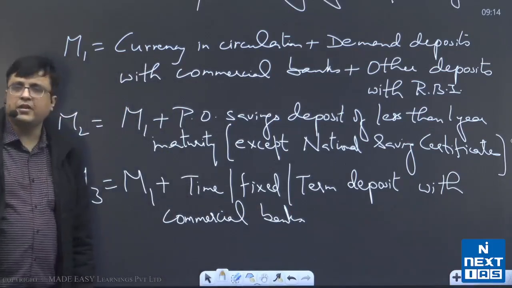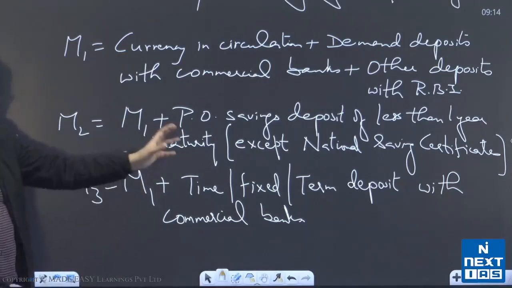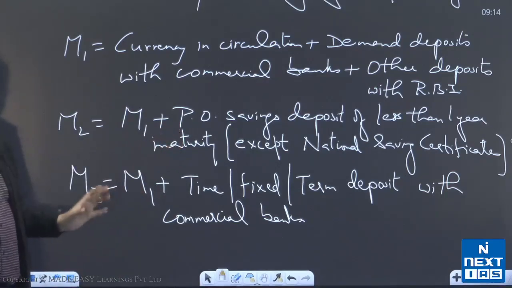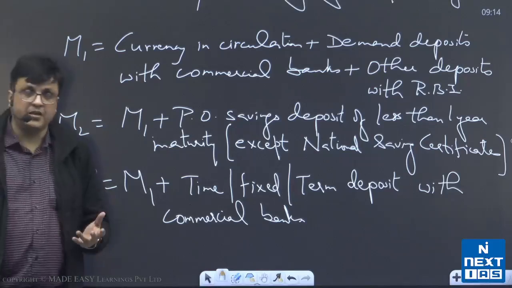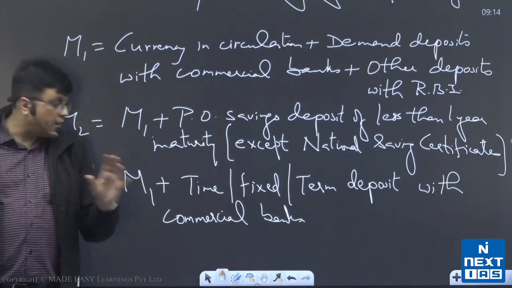You know, M3 is M1 plus time, fixed or term deposit with commercial banks. All right, that is M3. I'll tell you what I imply by that. Okay, just one more thing.